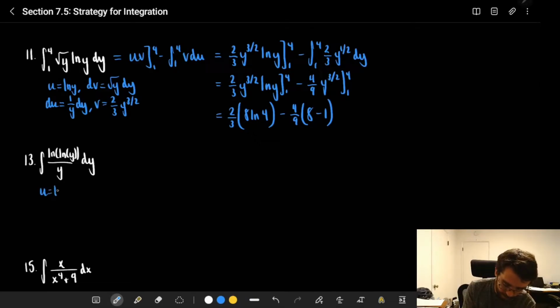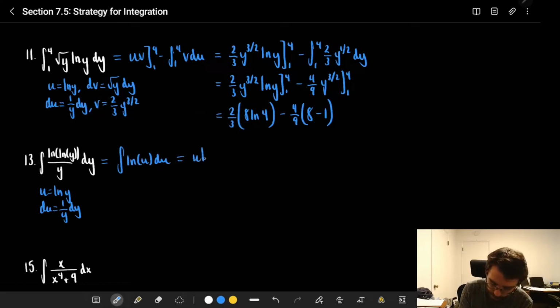u is natural log of y, right? Because I'm just thinking I already have a 1 over y times dy in the integrand. So this becomes natural log of u du. And we know what that integrates to because we memorized it, or you can use integration by parts, and then you plug back in for u.